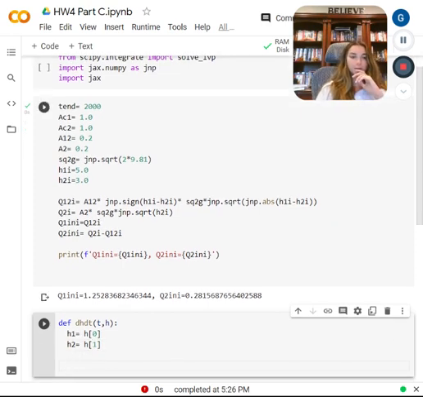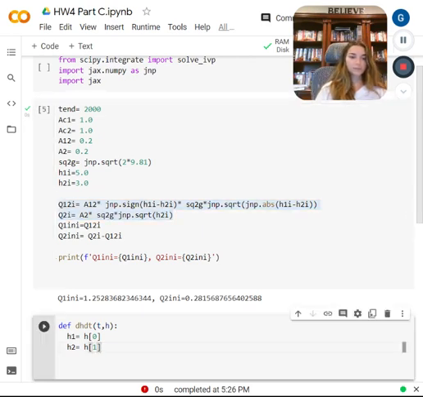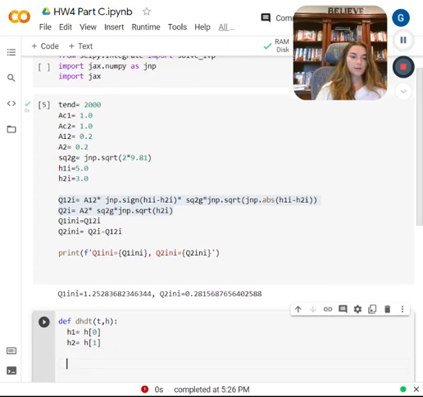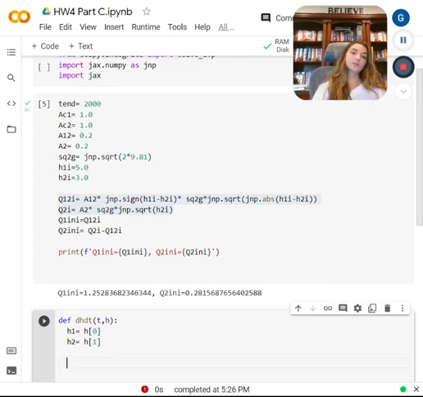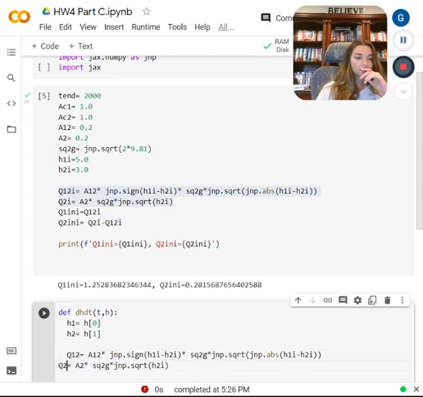Alright, so now we're going to copy again our expressions from up here, but this time we're using our height of tank 1 and our height of tank 2 and not our initials, so we're going to get rid of all of those little coefficients and change that.